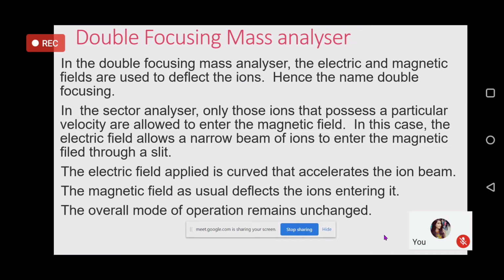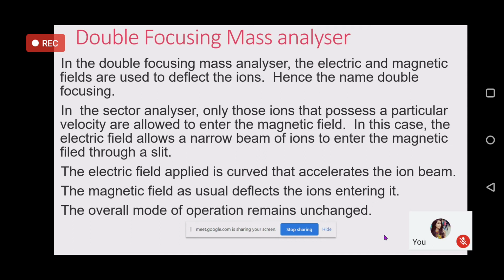But when you take generation of ions at one point and all of them are brought to the electric field for acceleration, it is not necessary that all the ions with the same m by z value will have the same velocity. That is the point which I want to talk about.